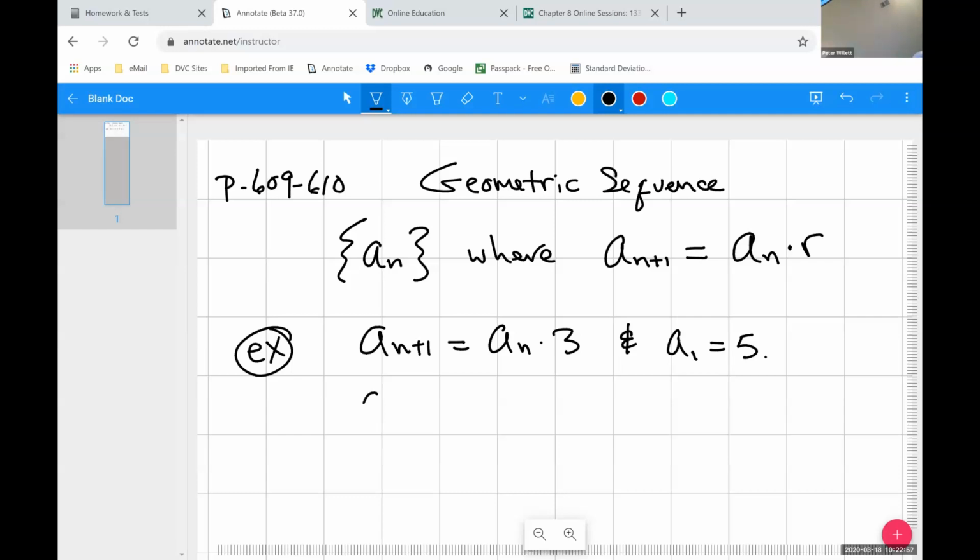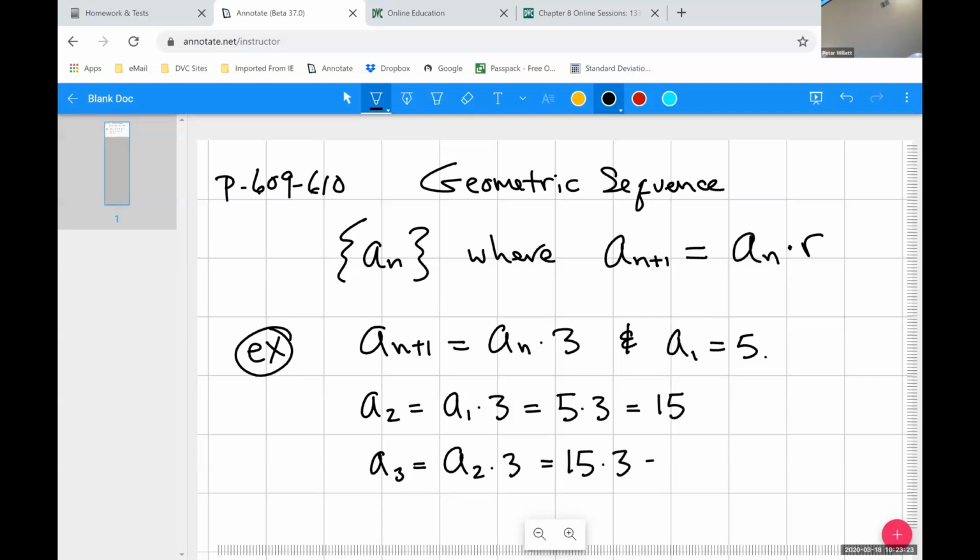That would mean that a sub 2 would be equal to a sub 1 times 3, which would be 5 times 3, or 15. A sub 3 would be equal to a sub 2 times 3. We just figured out a sub 2 is 15, so that would be 15 times 3, or 45.